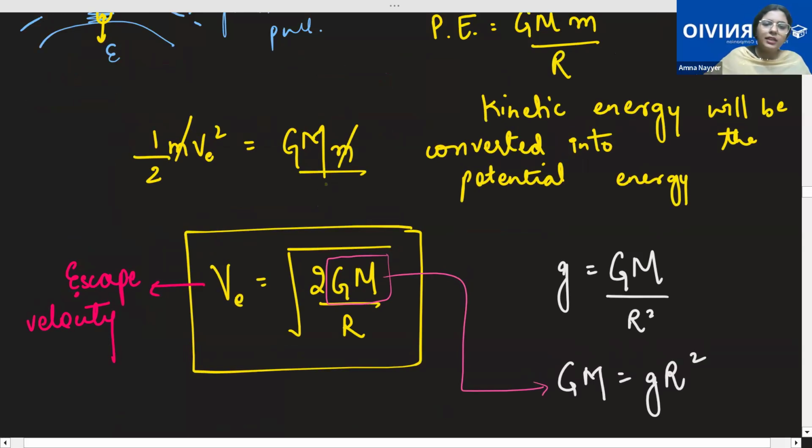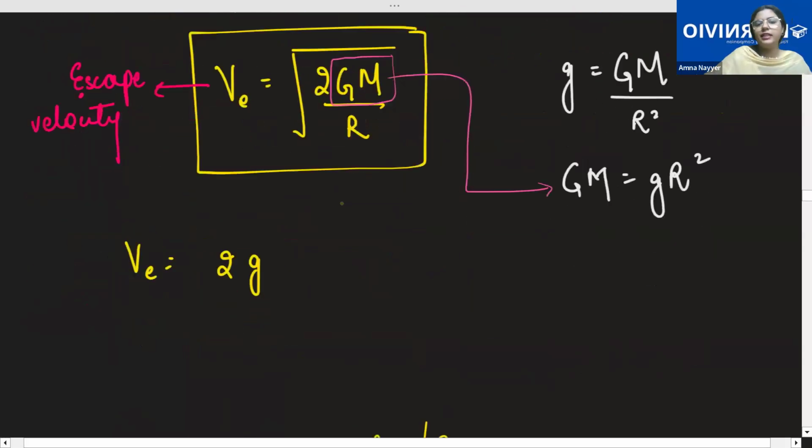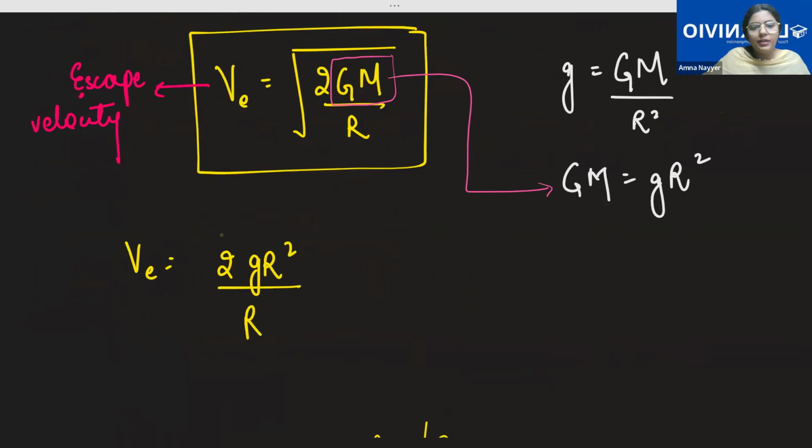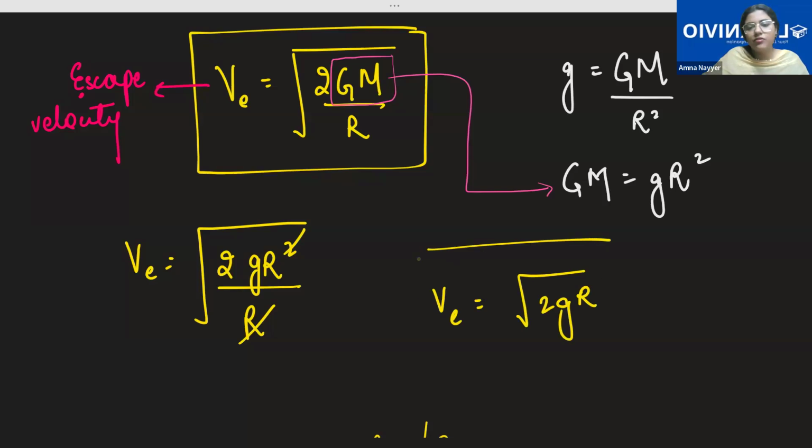So look, this will be 2g capital R square divided by capital R. This is gR square. So what are we getting? This gets cancelled. Escape velocity is equal to under root 2gR in terms of the acceleration due to gravity.